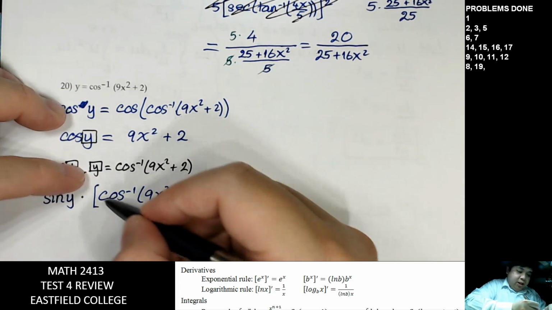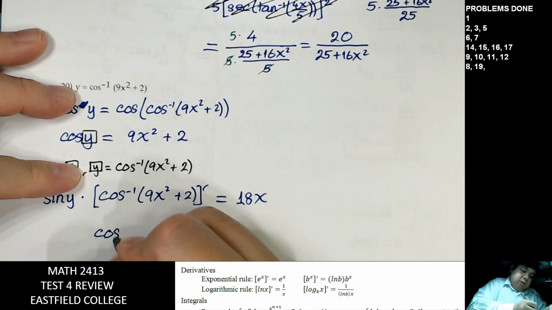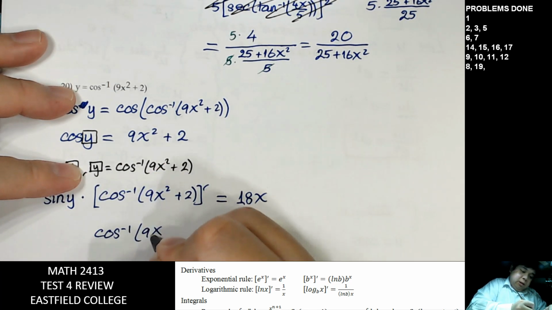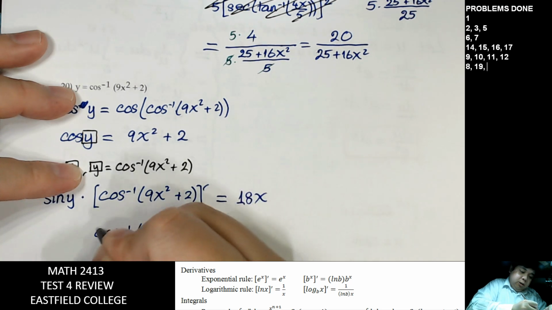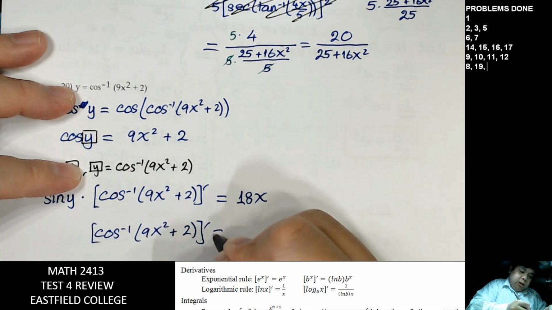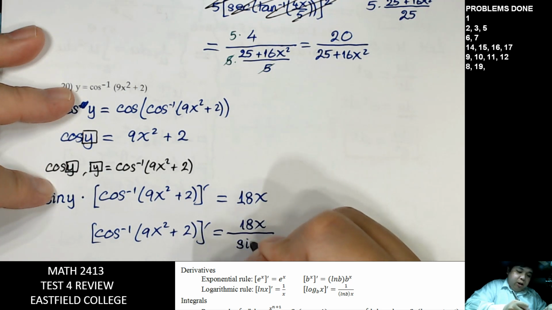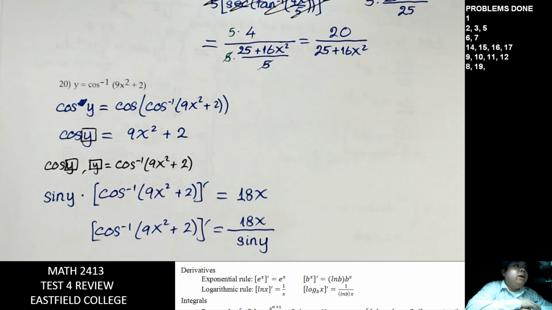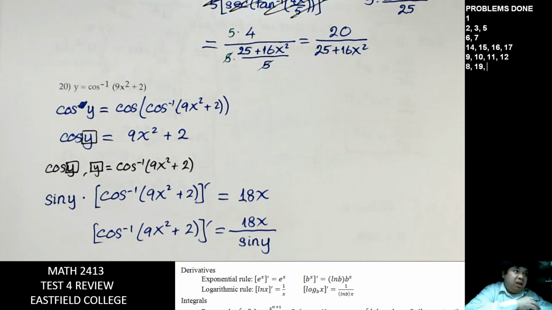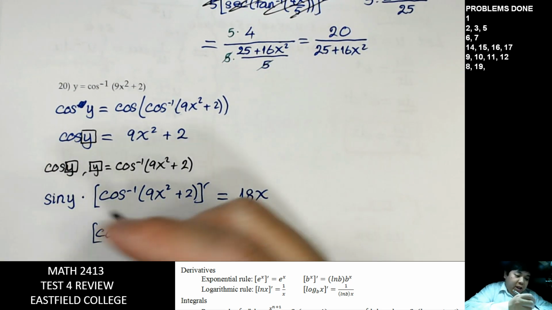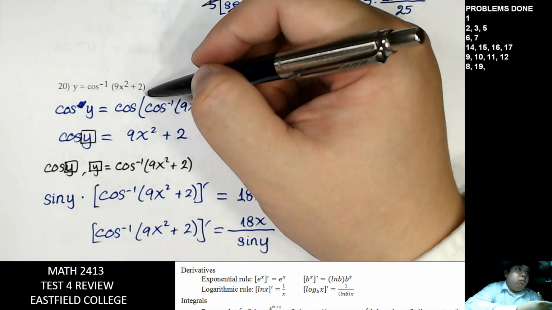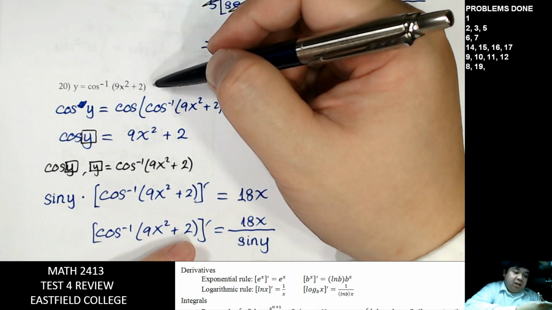And finally, this derivative will be equal to 18x over sine y. Yeah, we don't need to substitute back the inverse and all that. So this is identical to the problem, and we want to find the derivative of that.